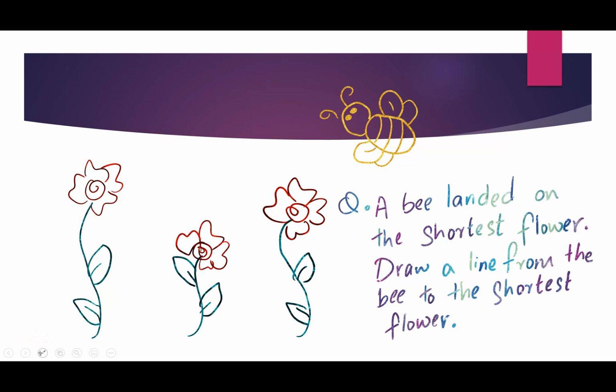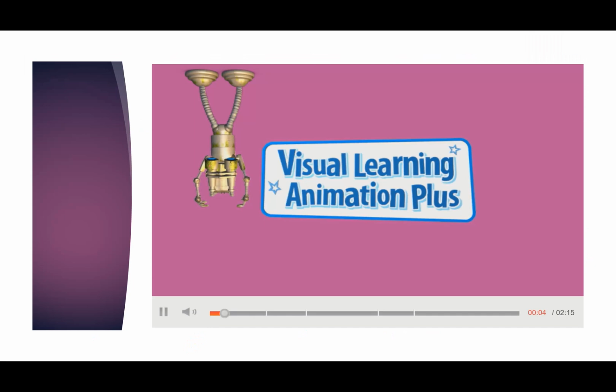If you select this one, then good job. So the bee landed on the shortest flower. Good job. So now you know how to compare more than two objects. You know which is the shortest. You know which is the longest. Now let us watch the video.